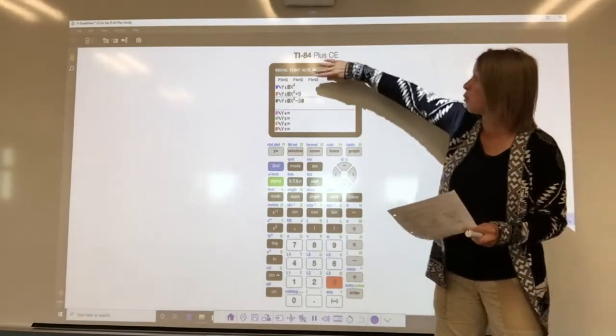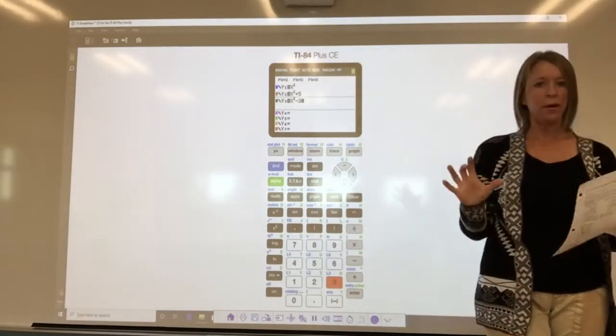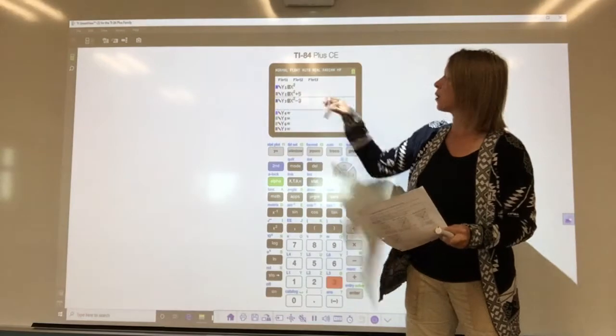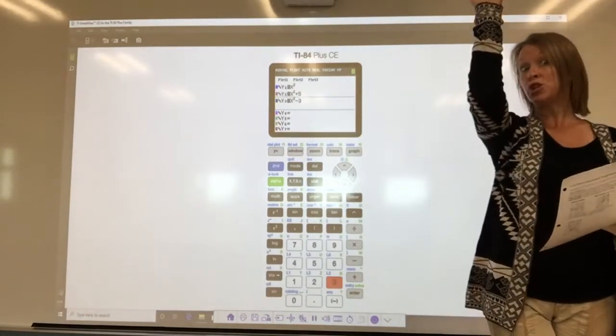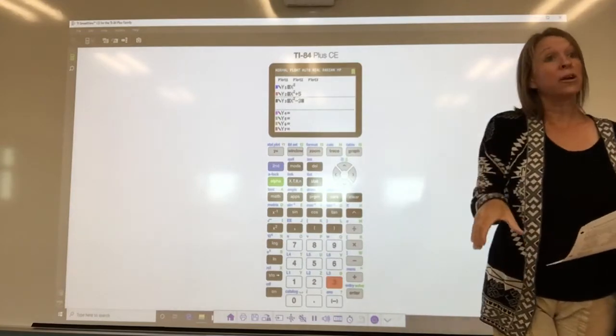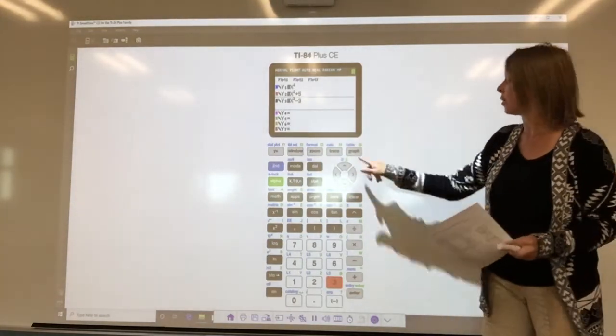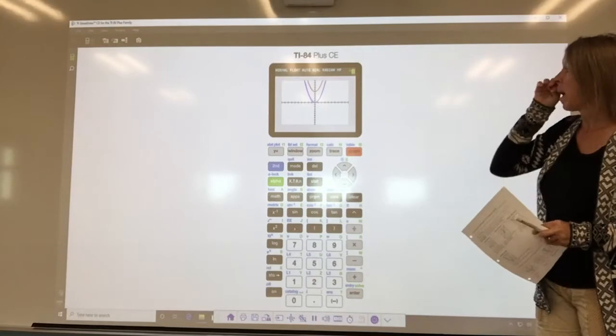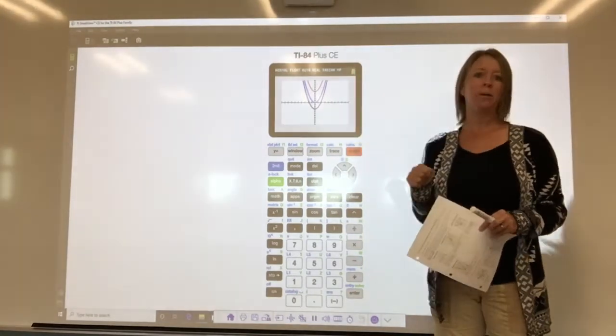So the blue graph is going to be the parent graph. My red graph will be the one that is shifted up 5 units, and the black parabola will be the parent graph shifted down 3 units. So I'm going to go ahead and hit graph here, and you can see that that's exactly what happened.